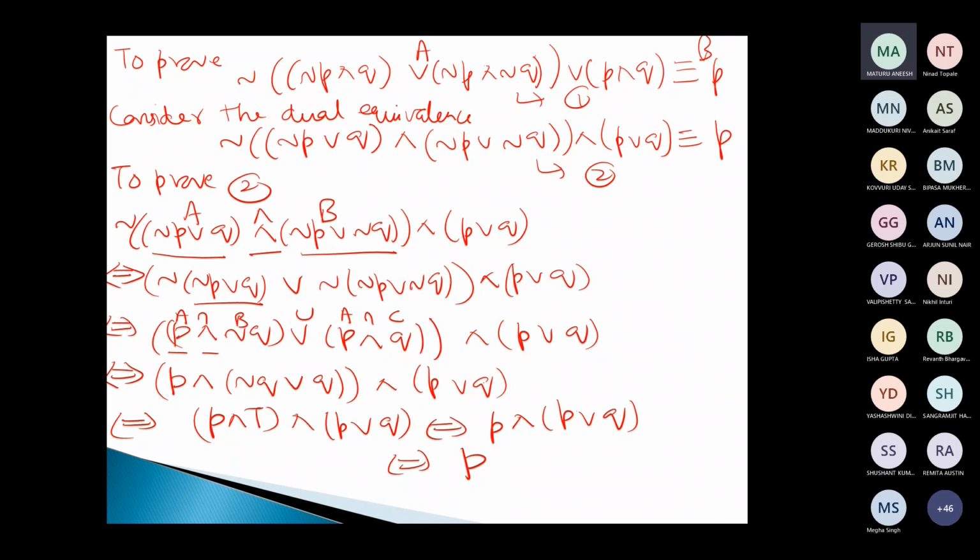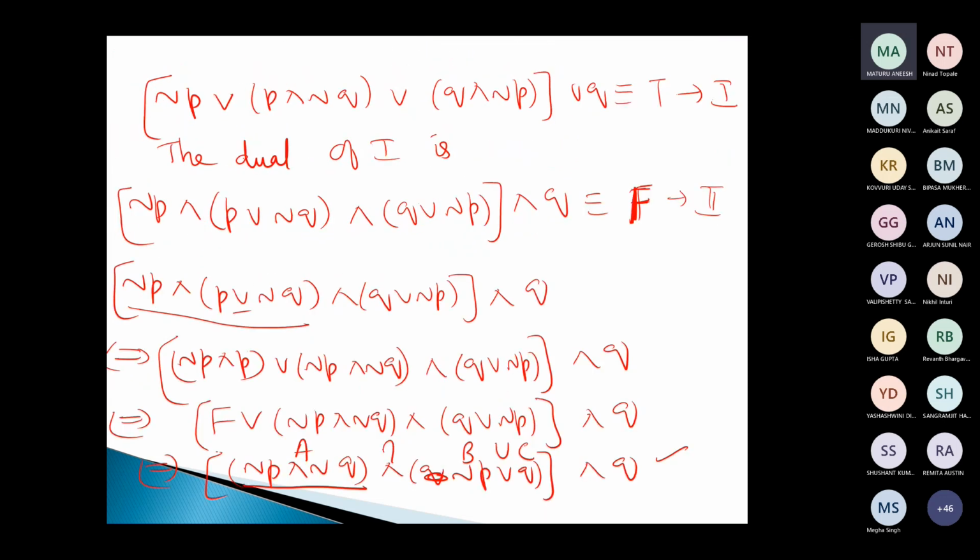No. See, this is the original statement, right? The original statement is equivalent to true. So that means the dual is false.